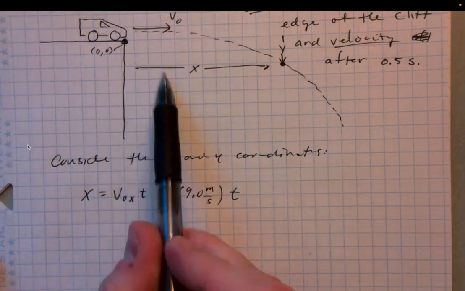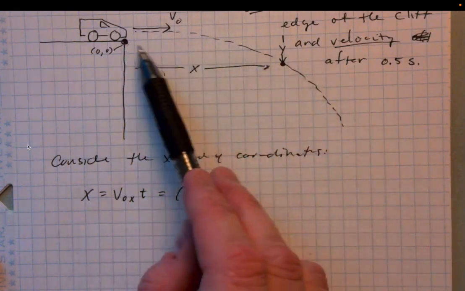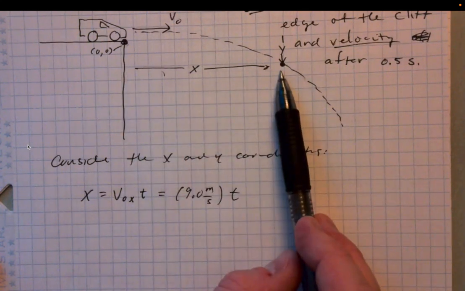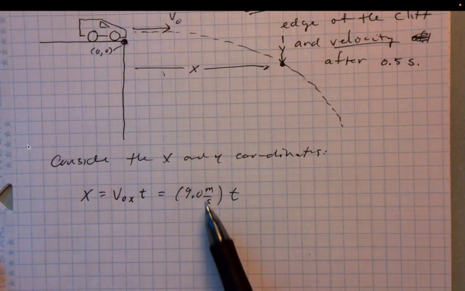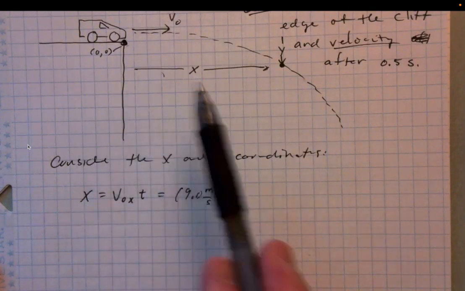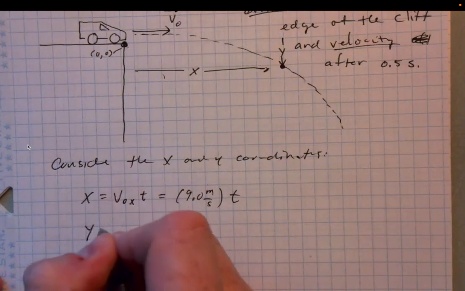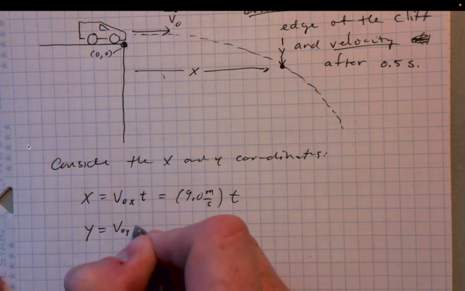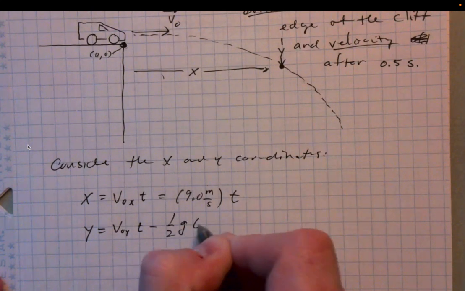So we will just be further and further. Our horizontal distance from the cliff is purely a function of time. It's 9 meters per second times however long the car is airborne. What about y? Well, y is going to be equal to v naught y times t minus 1/2 g t squared.